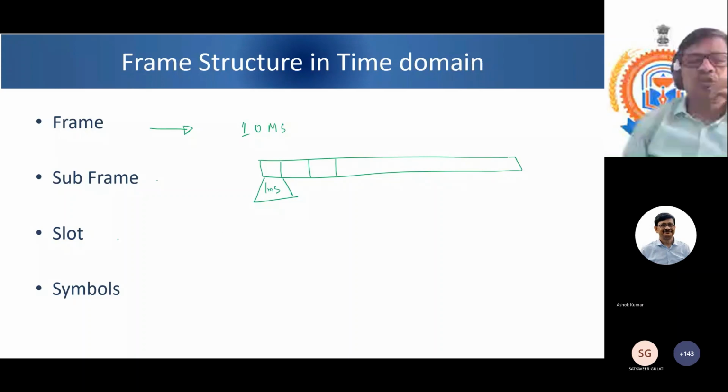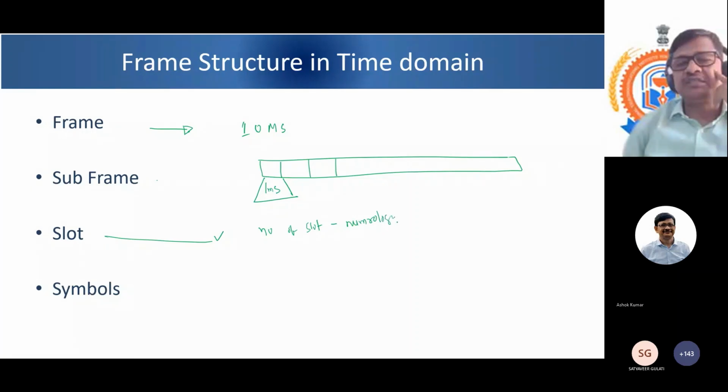And then every 1 millisecond subframe you divide into slots. The number of slots will depend upon the numerology used. So here the slot size is numerology based. For example, if you have numerology 0, that means your slot is also 1 millisecond.